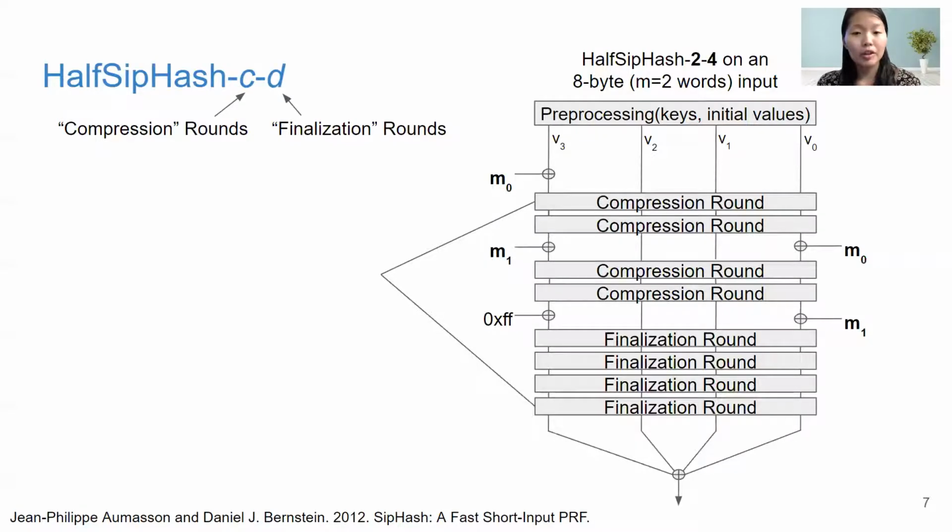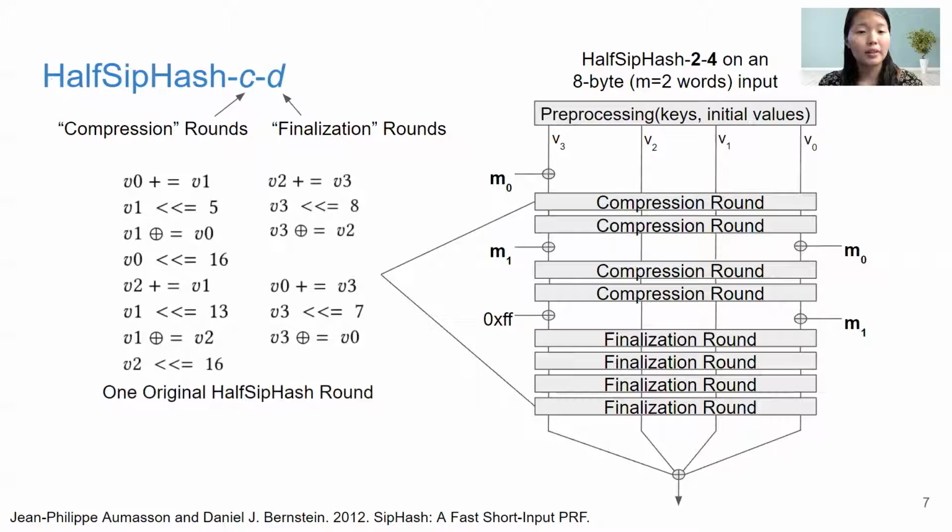Looking really quickly underneath the hood of these compression and finalization rounds, we actually see that both types of rounds have the identical operations. They're only named differently because of the roles that they're fulfilling. Something I'd like to draw attention to for the operations in a single HalfSipHash round is that there are 14 of them, a good number of operations to perform per round.